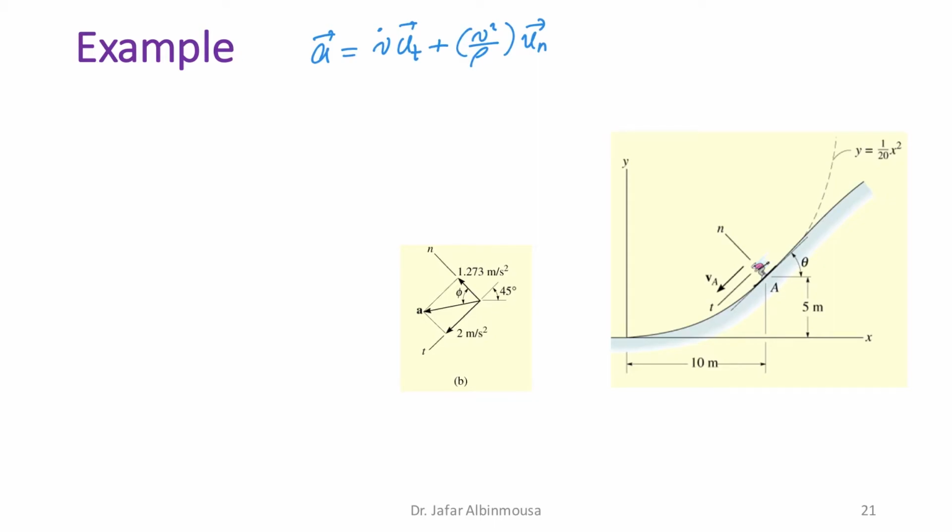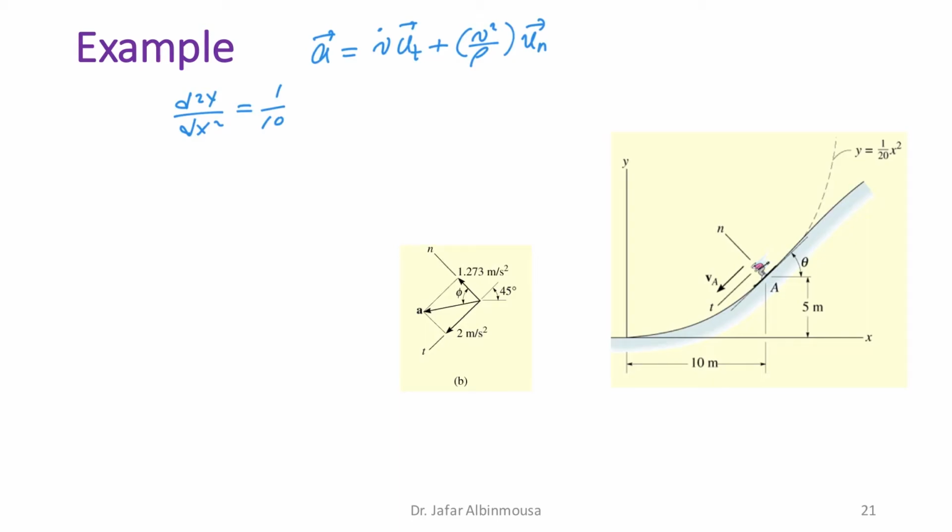So the curvature equation requires d2y over dx squared, which is from the previous relation going to be 1 over 10, because dy over dx was 1 over 10x, and x, here we take the second derivative, so we end up with a constant.